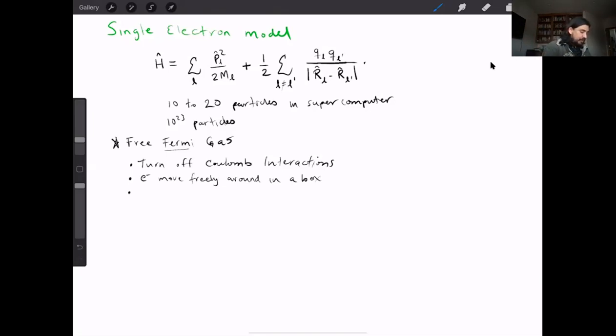And the last thing that we're going to consider is the only non-trivial thing, right? Because if you have 10 to the 23 particles, but they don't interact with each other, you just have to solve for one. The only non-trivial thing is that the particles obey Pauli's exclusion principle.